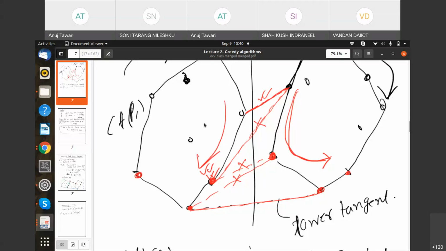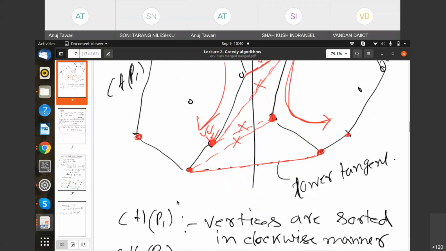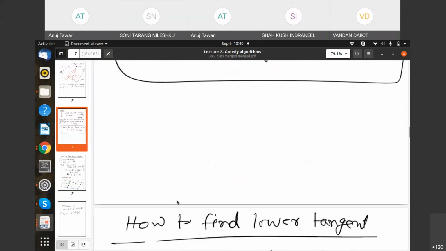Just check whether all the points are on the same side of this point. And again, the same thing you repeat. So each of these edges takes big O of n time. And let's say there are h many edges. The overall algorithm runs in big O of n times h.